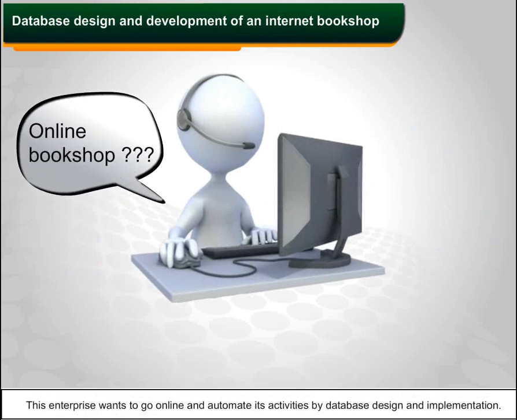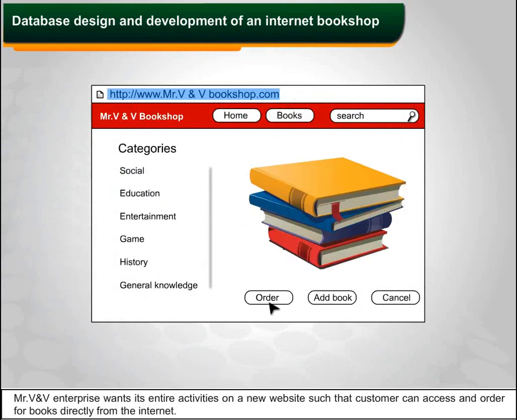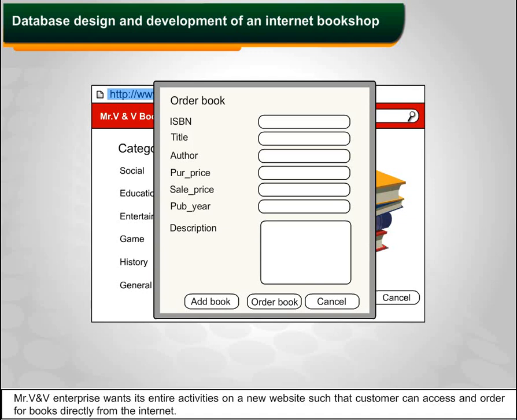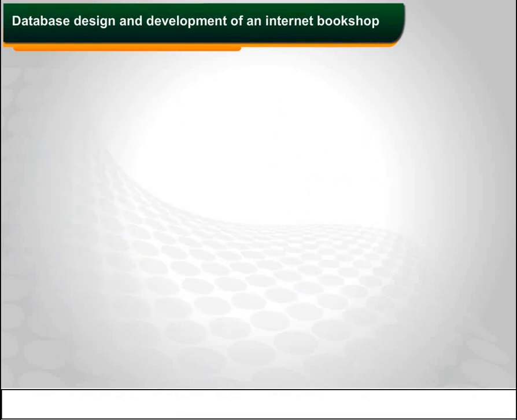This enterprise wants to go online and automate its activities by database design and implementation. Mr. V and V Enterprise wants its entire activities on a new website such that customers can access and order books directly from the internet.